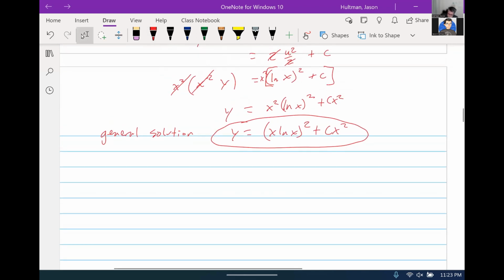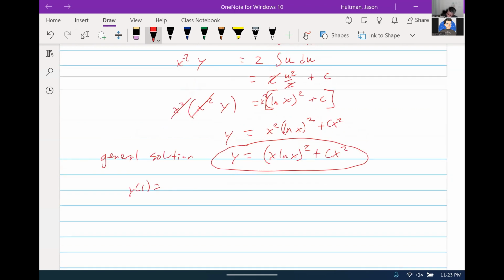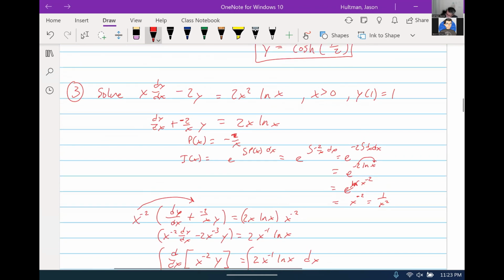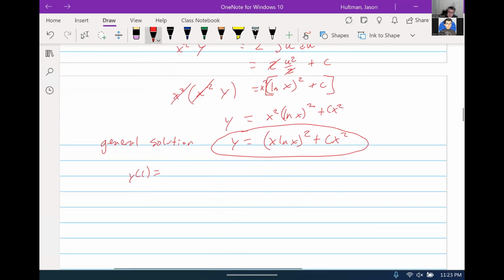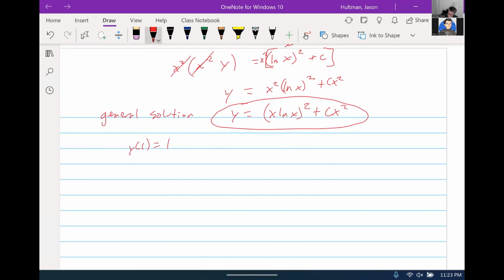Okay, so let's go for that particular solution. What is my particular solution going to be? Okay, so y of 1 is equal to 1. We're going to plug in and let x equal 1 here.